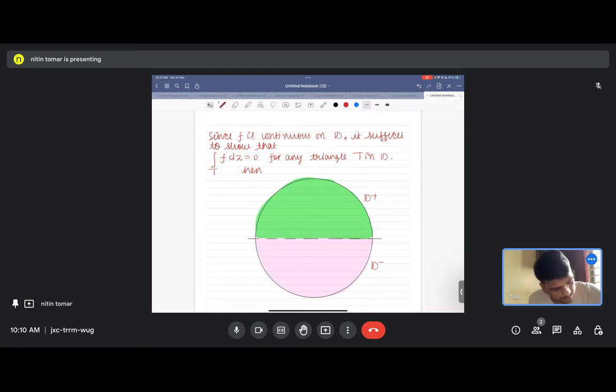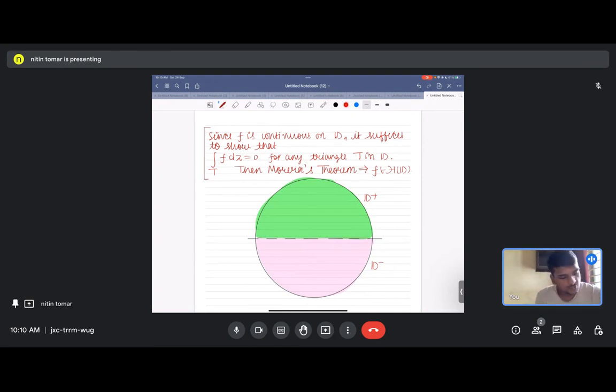Then Morera's theorem implies f is holomorphic in D. So this is our idea. This is the crux of the proof.